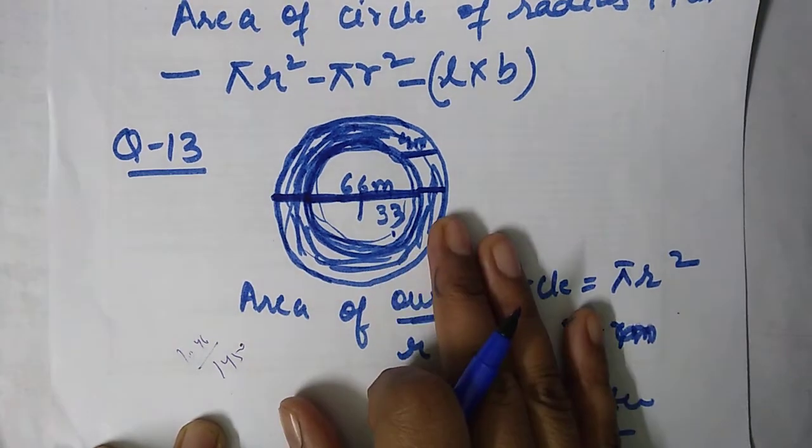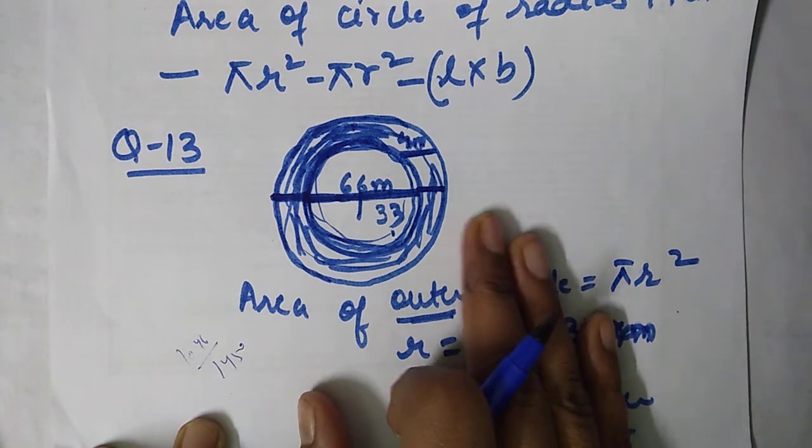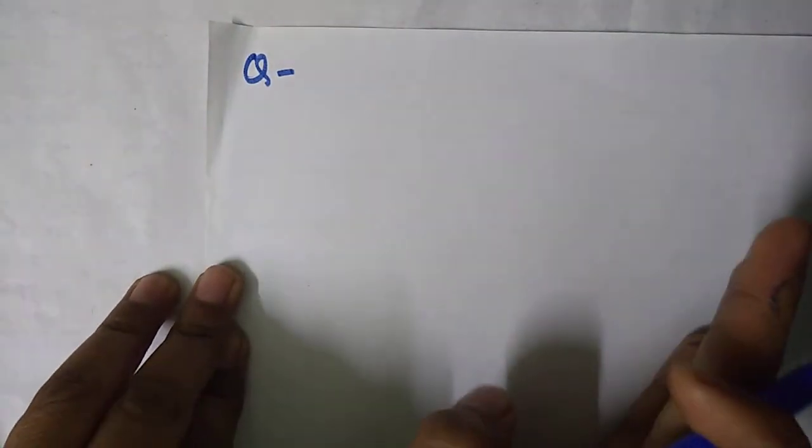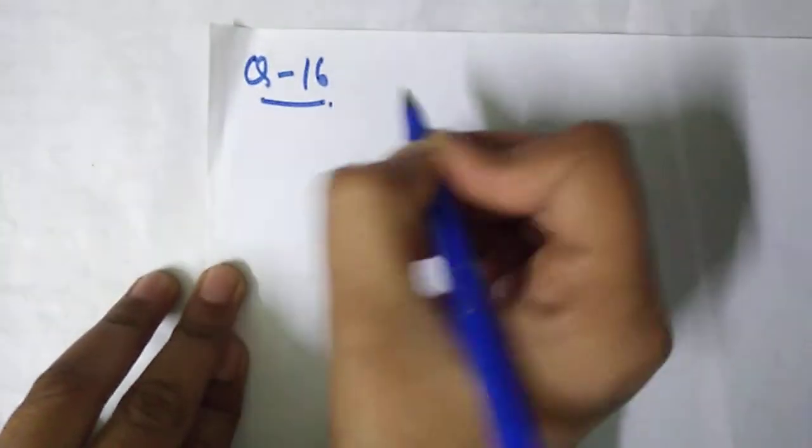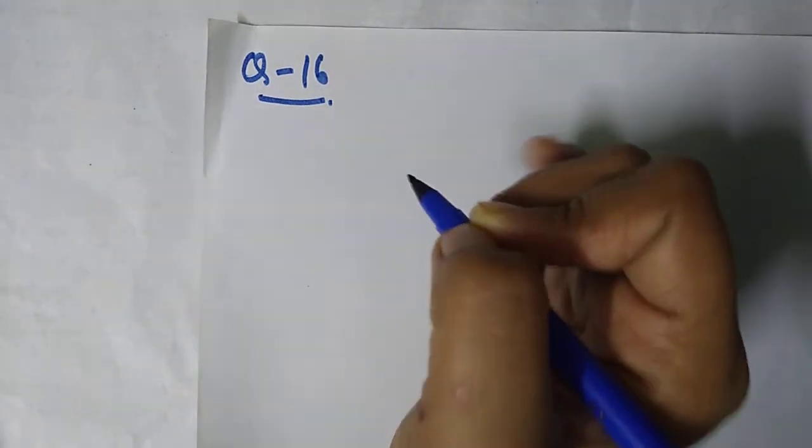Now the next question I am taking is question number 14. Question number 14 is easy, that I am leaving for you. Now come to question number 16. How many times must a wheel of radius 28 centimeter rotate to go 352 meter?